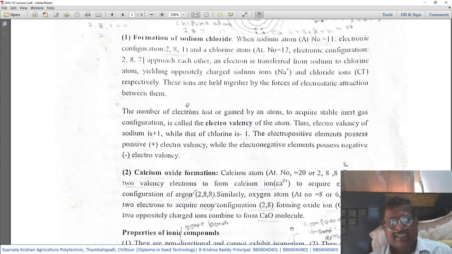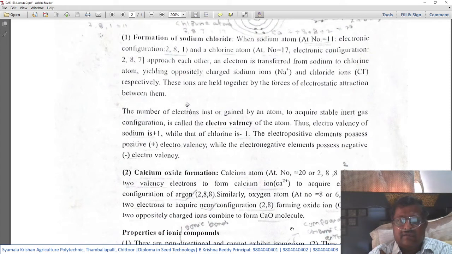So we already discussed what is the electrovalency of sodium. It is 1. Why? One electron got transferred into the outermost orbit of the chlorine. Thus, electrovalency of sodium is plus 1, while that of chlorine is denoted as minus 1. That means from sodium, one electron got transferred into the chlorine atom.